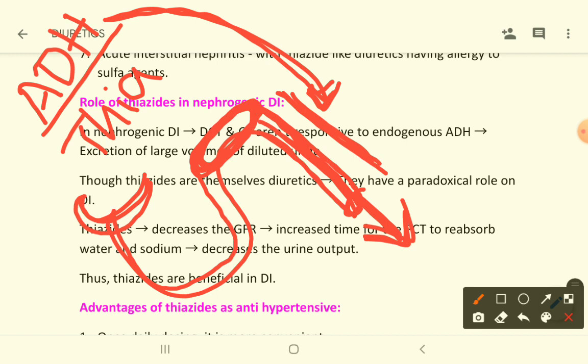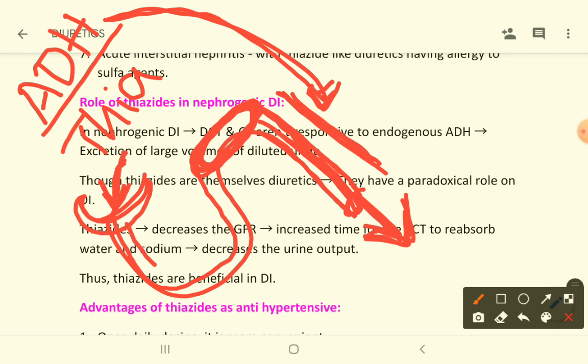When you are giving thiazide diuretics, that is decreasing the blood volume because it causes increased loss of water, so there is decreased blood volume. Decreased blood volume means decreased GFR, decreased glomerular filtration rate.